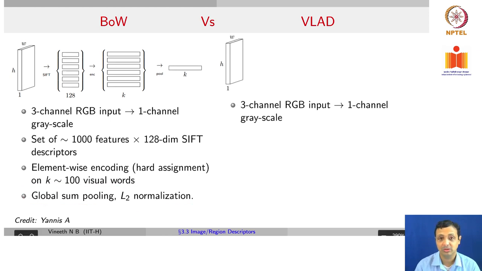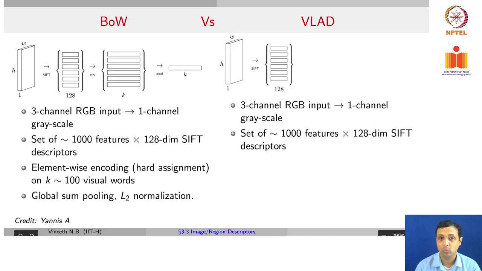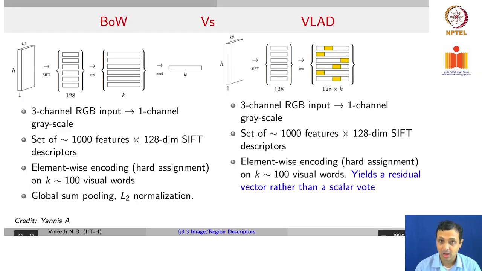On the other hand, with VLAD, you would do the same. You would convert the 3-channel RGB input into a 1-channel grayscale. You would once again get 1000 features in your query image, and convert that to 128-dimensional representations for each of those 1000 features. You would again assign each of those 1000 features to one of k visual words. But this is where the difference comes: you're now not going to get a scalar representation or a histogram.